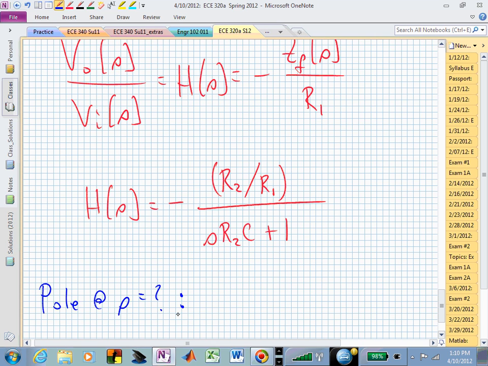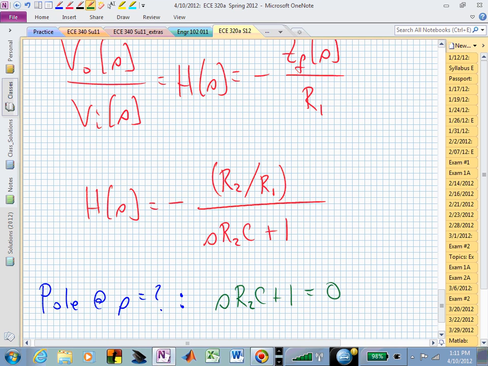Or how do we find it? You could just go back to the definition of a pole. Well, a pole is supposed to make H blow up. To make H blow up, I need the denominator to vanish. Then you're looking at the value of S that causes that expression to be true. You're setting the denominator factor to 0 to find your pole.